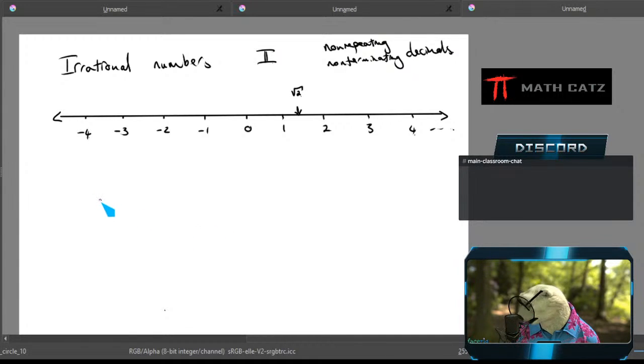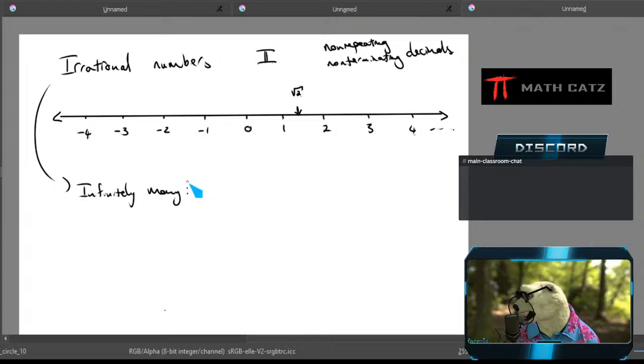Now, there are infinitely many of these. Infinitely many. Actually, I can't really explain this for our level, but there are infinitely more of these irrational numbers than there are rational numbers.